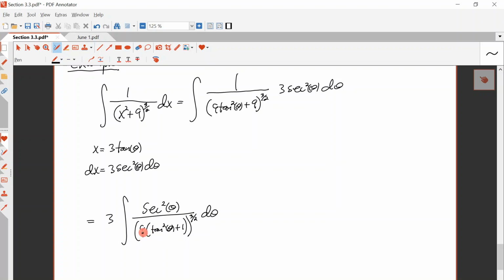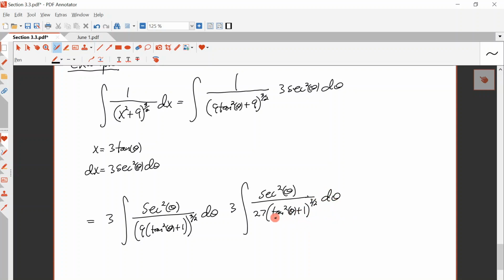Okay? Bring that 9 out from underneath the 3/2 power. So 9 to the 3/2, well, 9 to the 1/2 is 3, and then 9 cubed is 27. So this becomes 3 secant squared theta, 27 tangent squared theta plus 1 to the 3/2 d theta.